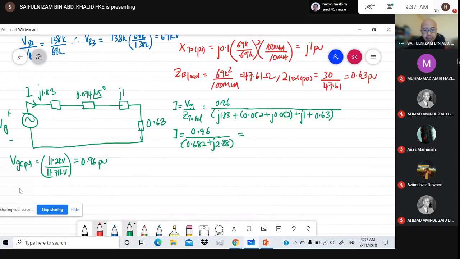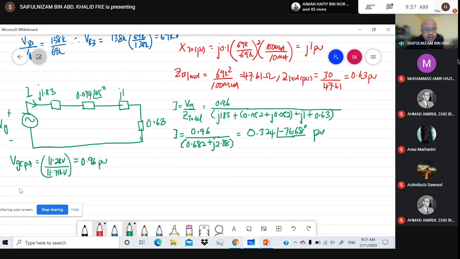The current is 0.324 angle of negative 76.68. Okay, all of you get the same answer. This is the current in per unit.